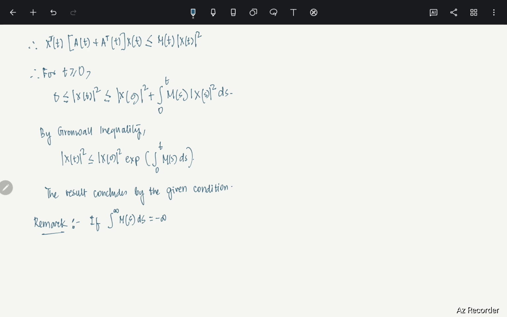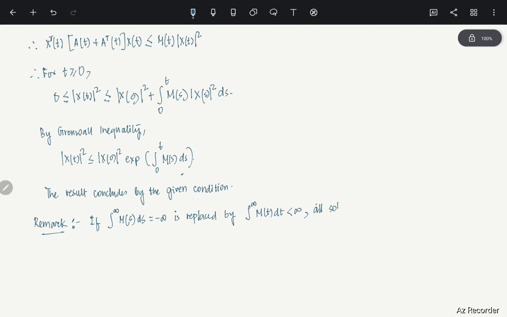Now if we are replacing this condition, and the integral of m(t) dt is finite, it doesn't have to be minus infinity, but it's basically finite. If you have that, then what can you say? From exactly this thing, if this is finite, then that exponential part is going to be finite. So basically, all solutions x(t) remain bounded.